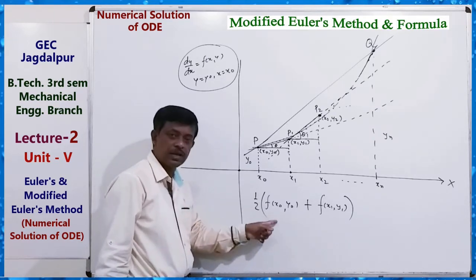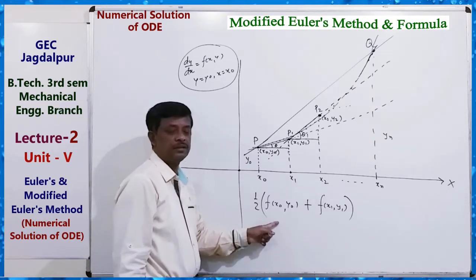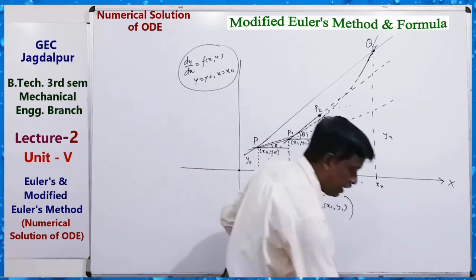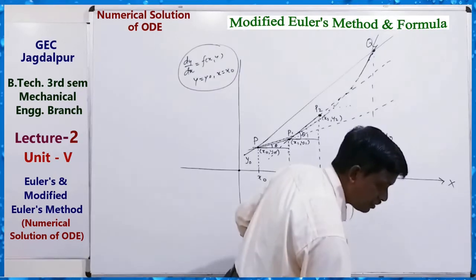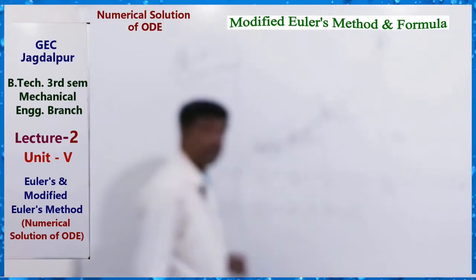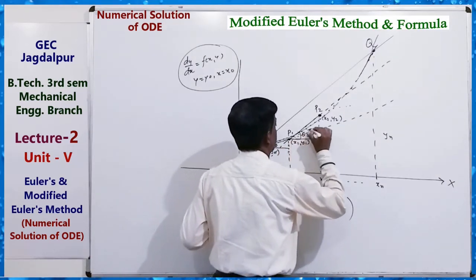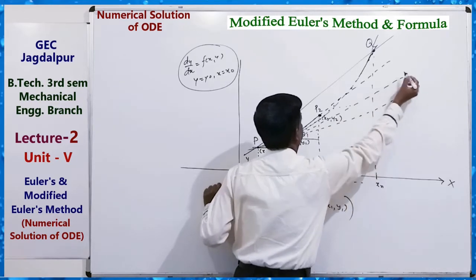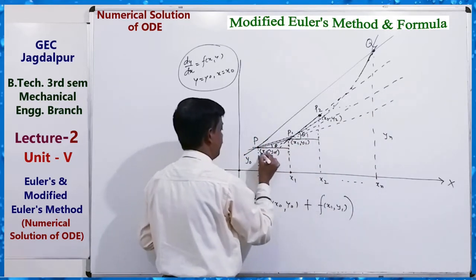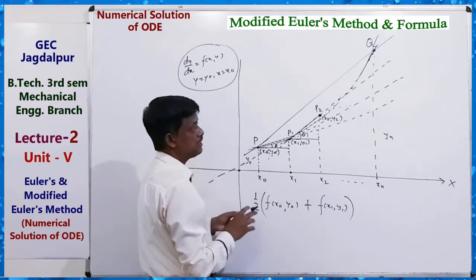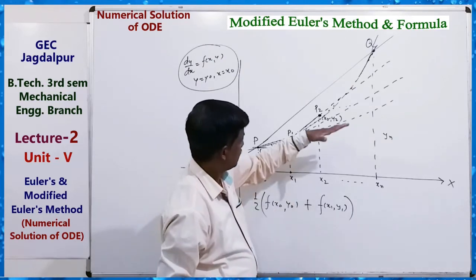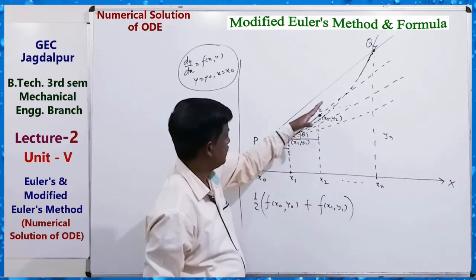By taking the average, our line will be where? In the middle of this, that is between this tangent and this tangent.